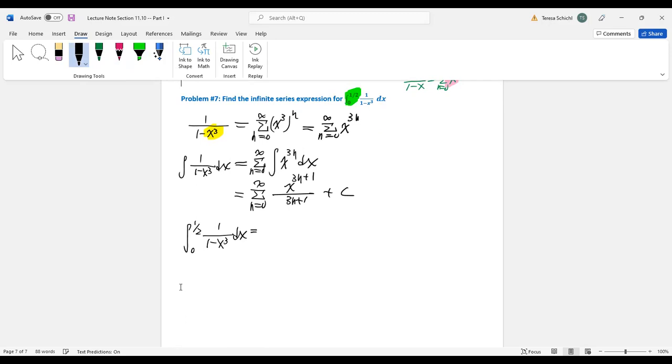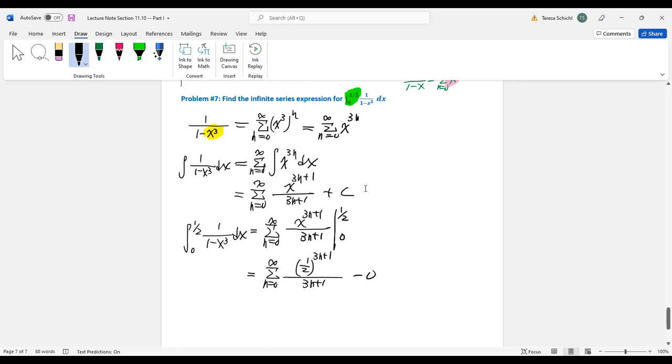It is the same thing: the summation n from 0 to infinity of x to the 3n plus 1 over 3n plus 1. At the top I put 1/2 and at the bottom 0. When x equals 1/2, this is 1/2 to the 3n plus 1, over 3n plus 1, then minus 0, because when you put 0 into x here it vanishes.